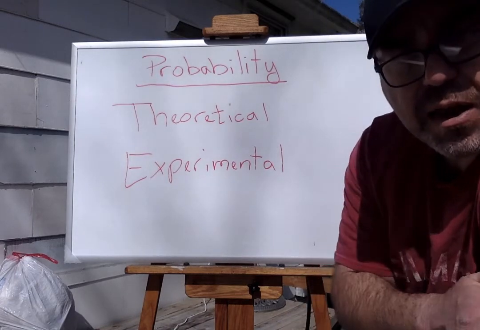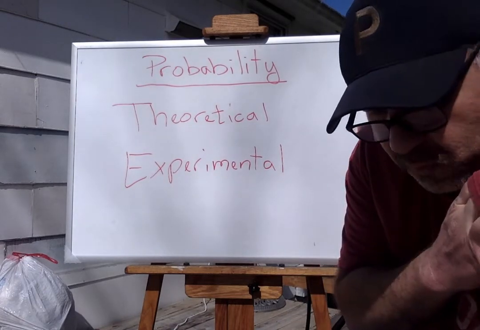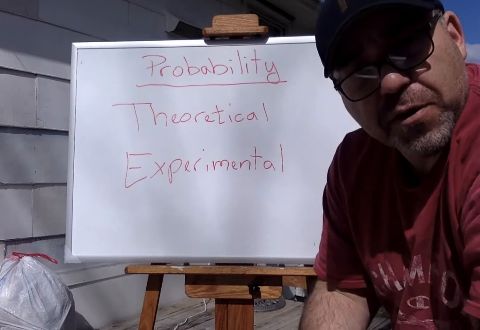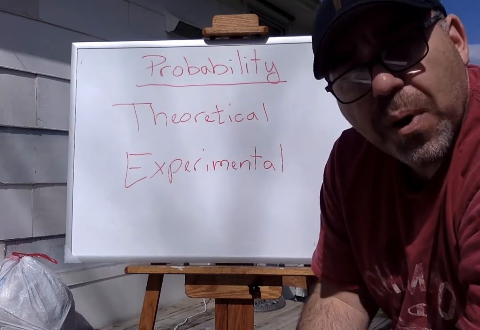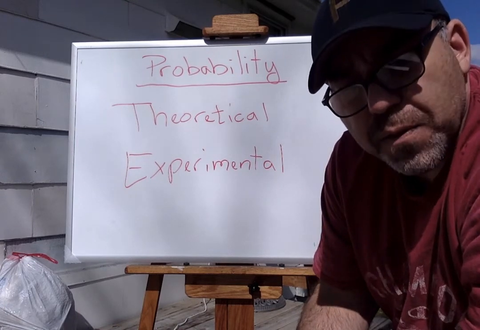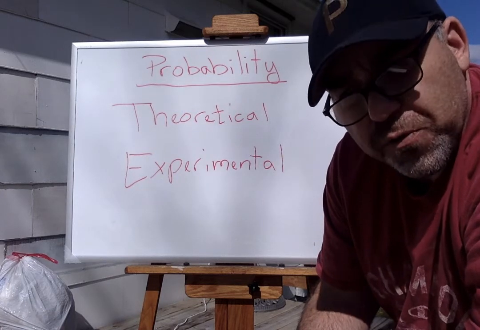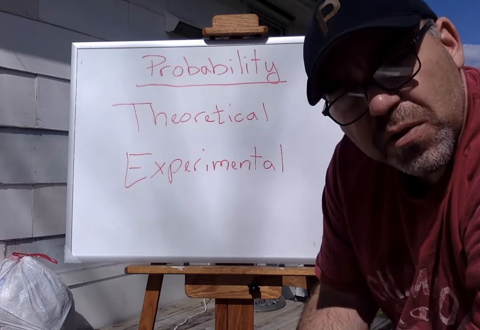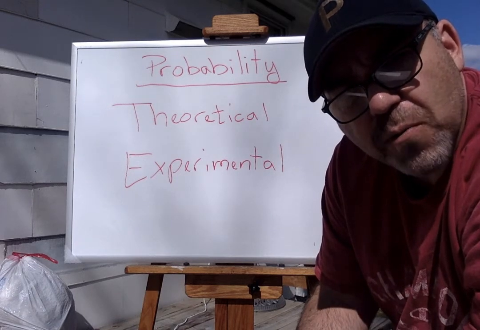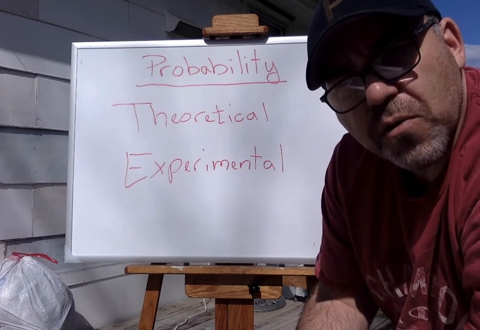So obviously, we're not at school. You're definitely not here. But we're going to just deal with theoretical probability for now. Hopefully we'll get back to school and we'll be able to do all these things hands-on, but for right now we're just going to have to deal with theoretical probability.